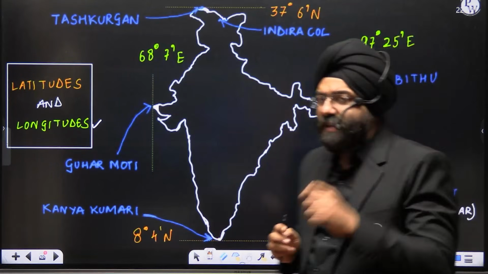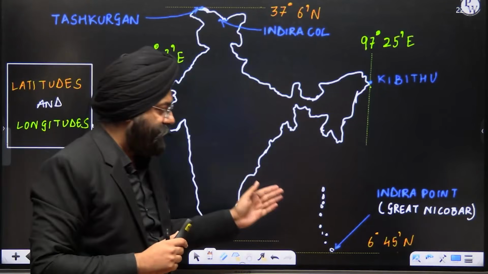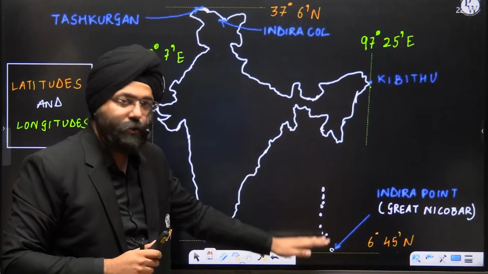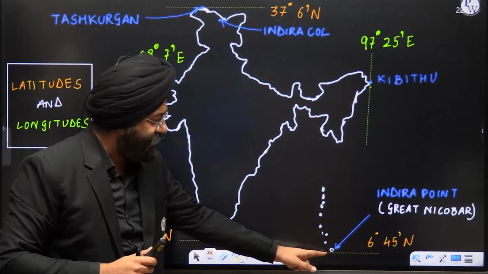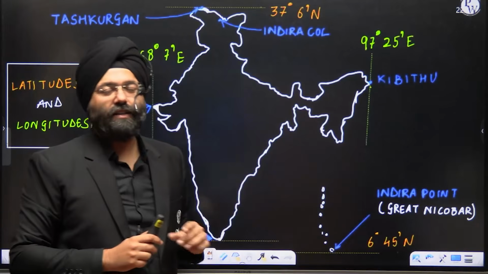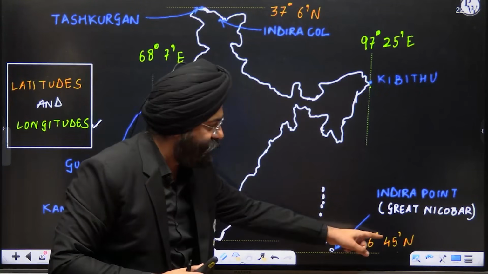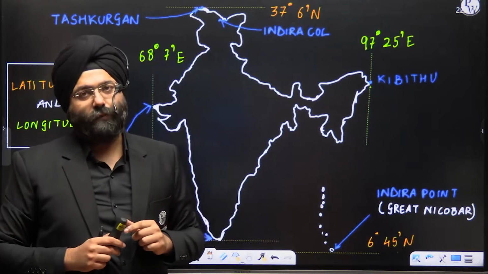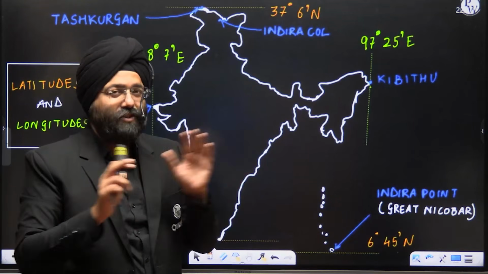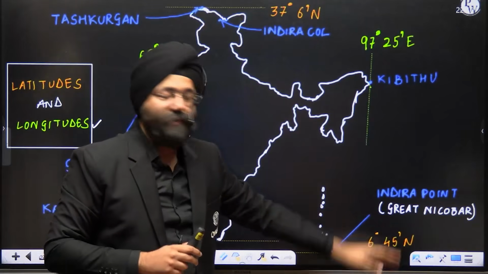Now we know that if we analyze the islands, then the latitude will go further down. That means the southernmost point of overall India is Indira Point in Great Nicobar, which is located at 6 degrees 45 minutes north. The overall extent, if you want to see the extreme points, will be 37 degrees 6 minutes north to 6 degrees 45 minutes north.